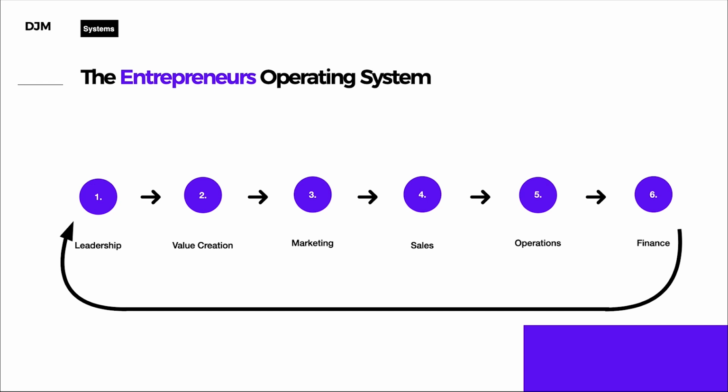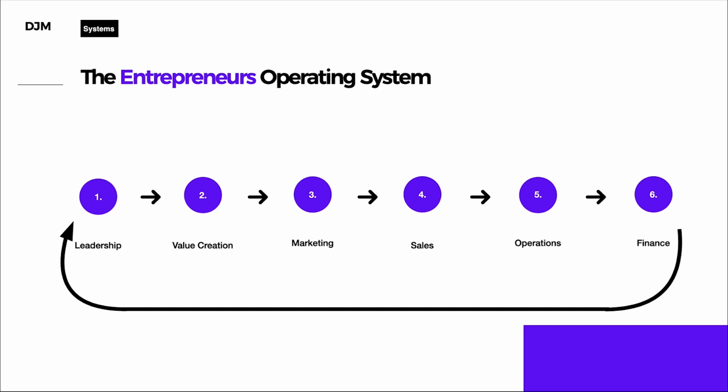And once you understand each of these parts individually, and you see the entrepreneur's operating system as a whole, but made up of these 6 parts, you're able to pinpoint what's going wrong once you get down to your finances and say, okay, either we're not making enough money or we are making enough money and we want to have more of it.